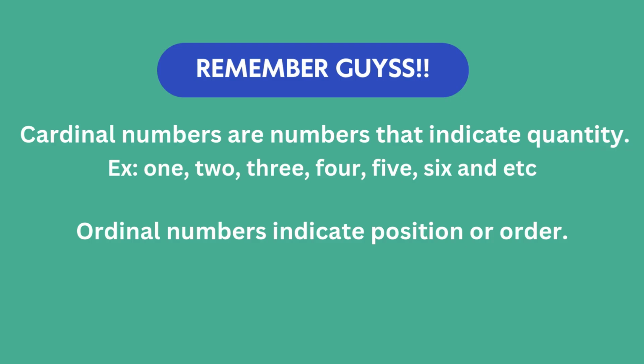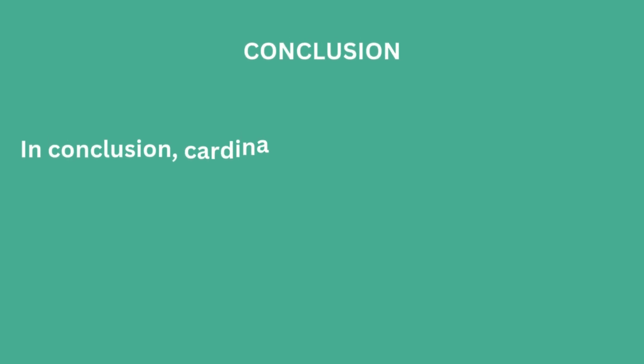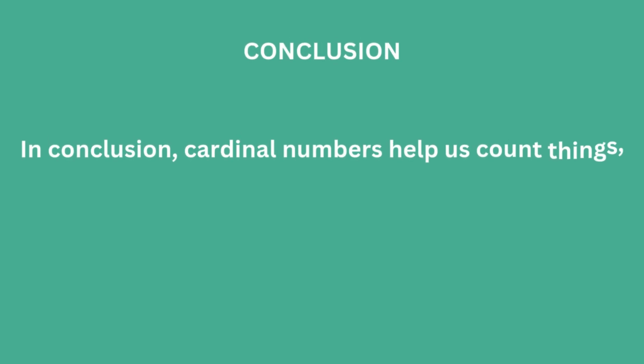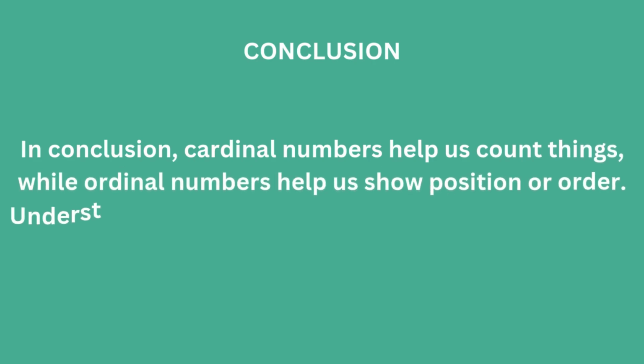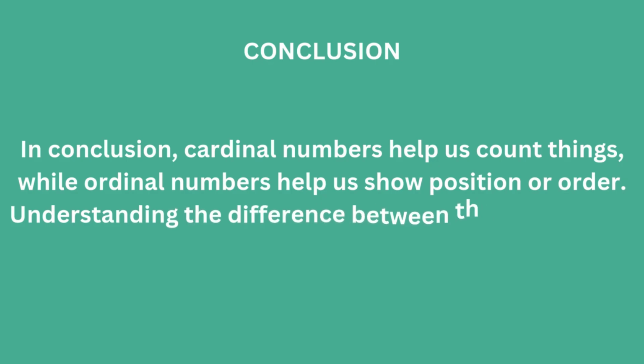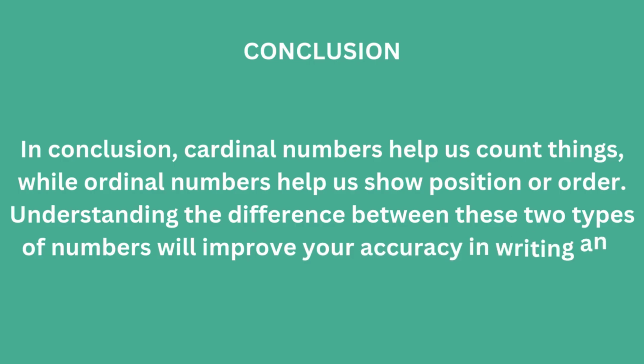For example, first, second, third, fourth, fifth, sixth, and so on. In conclusion, cardinal numbers help us count things, while ordinal numbers help us show position or order.